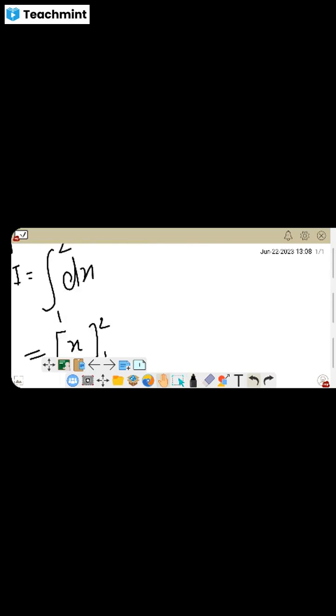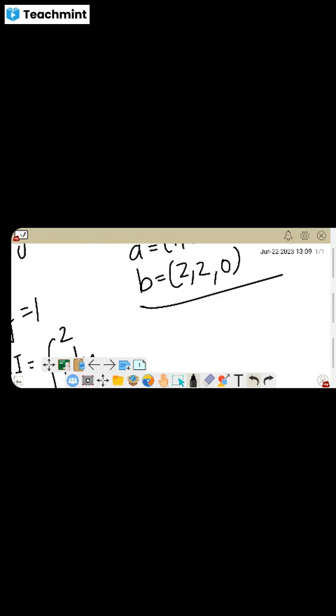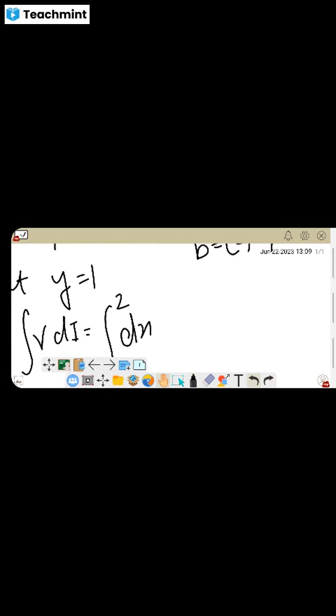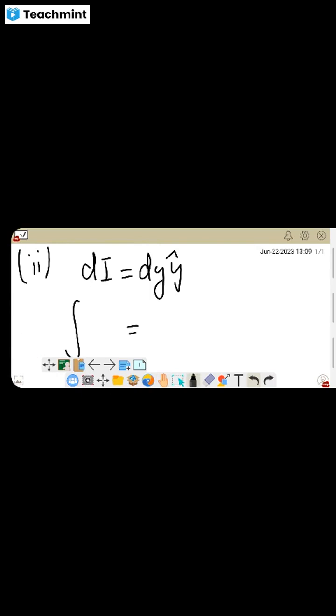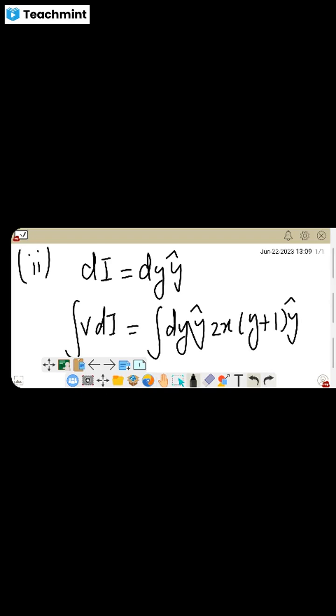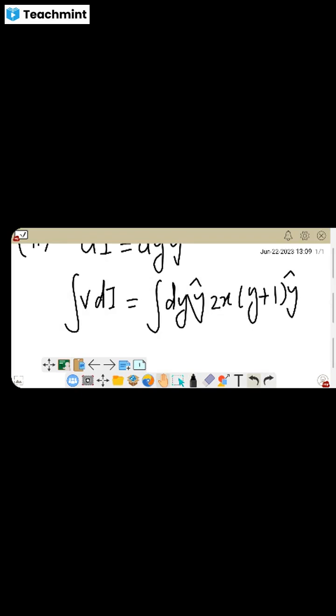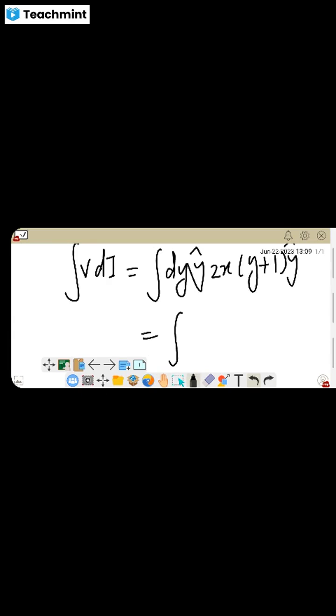So v dot dl is equal to the integration of dy y cap, and take the term of v having y cap, which is 2x and y plus 1 into y cap. So y cap into y cap will become 1, and let us take the rest, the integration of 2x and y plus 1 in dy.